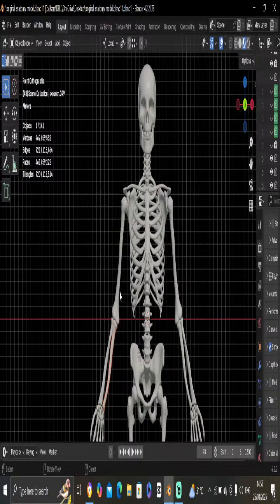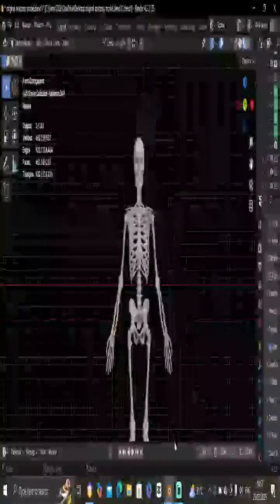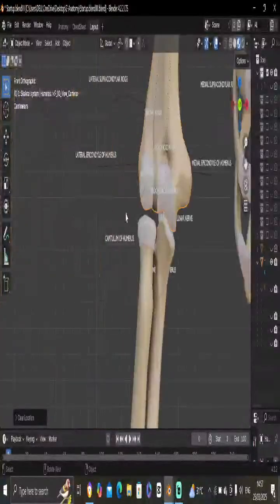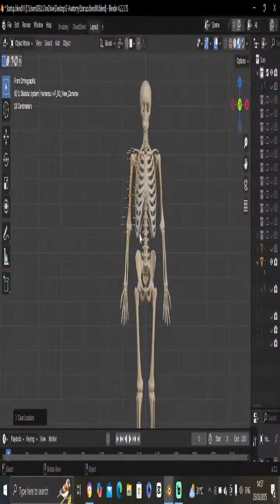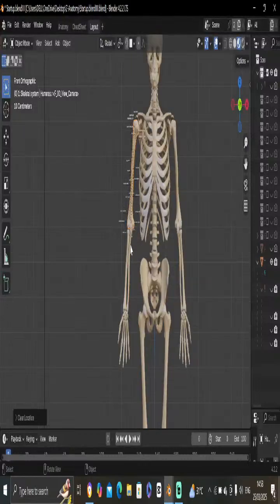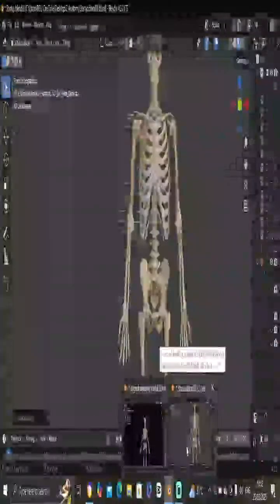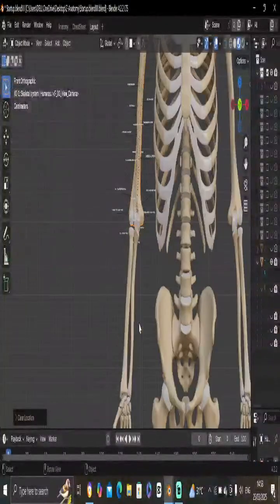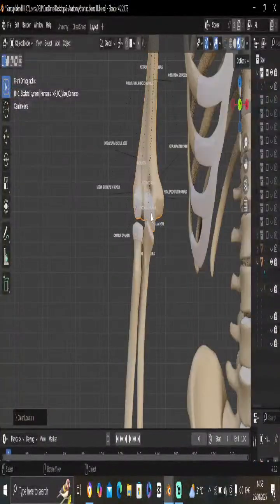If we compare these two models, we can see that the carrying angle demonstrated in this framework is more than the carrying angle of the elbow in males. What is responsible for that is this little projection of the trochlea of the humerus.